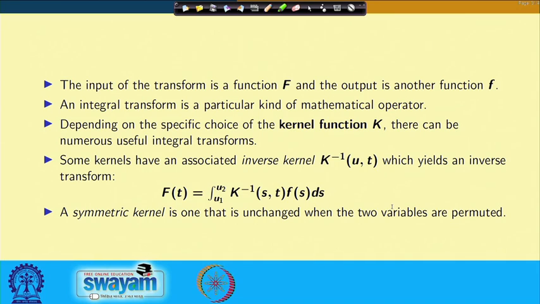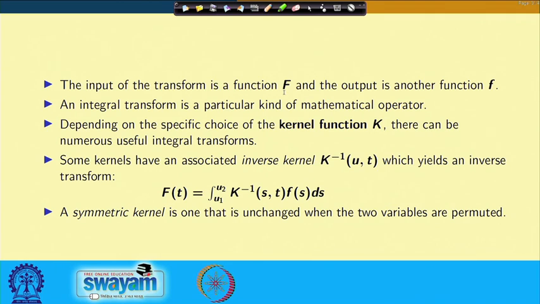A symmetric kernel is one where the values remain unchanged if we interchange or permute the variables s and t.